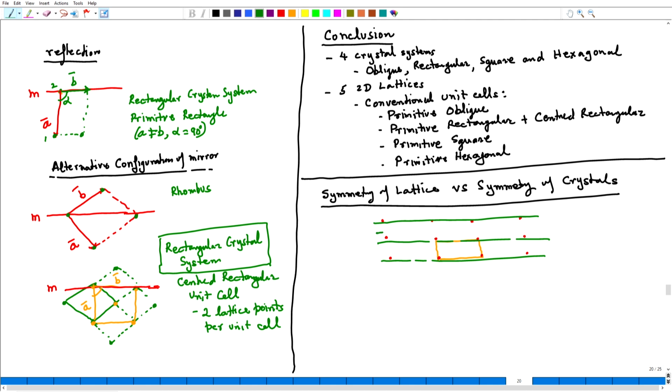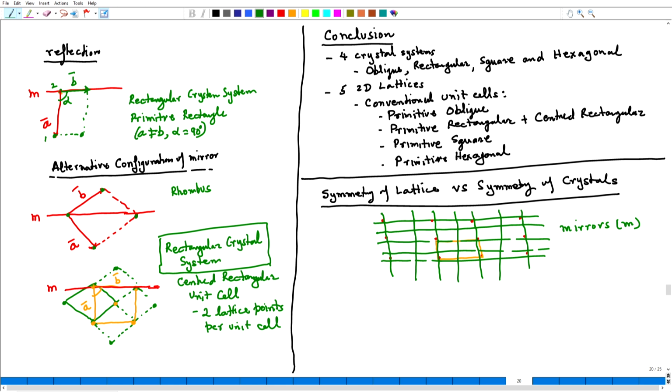And there are mirrors in the middle as well. So, these are all mirrors, and I have mirrors going through this column of lattice points and in between as well. So, these are my mirrors.